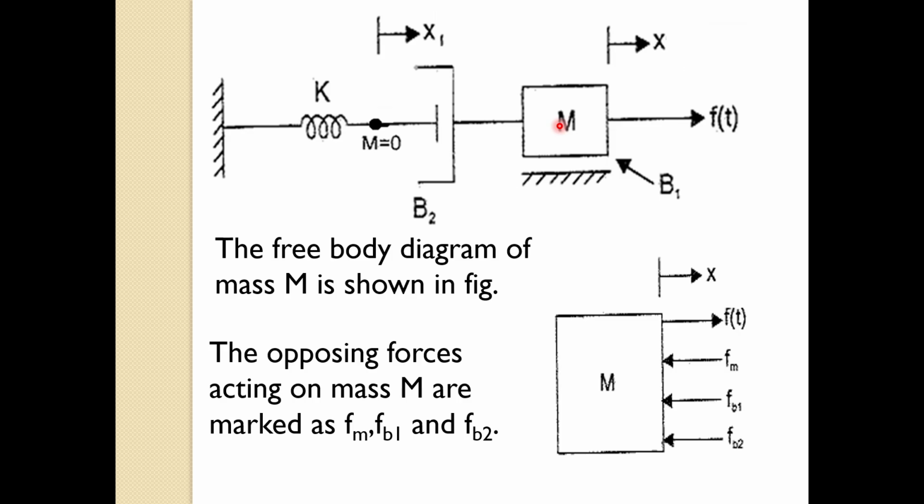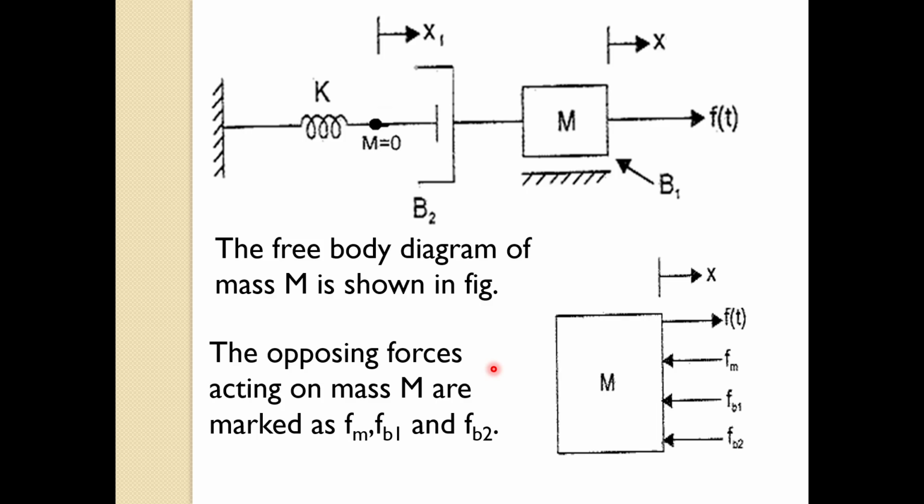I have drawn mass m here. What is the applied force at mass m? F of t. What is the displacement? x. What are the opposing forces? One force is due to m itself, so Fm. Other force is due to B1, Fb1. Other force is due to B2, that is Fb2. So this is our free body diagram.